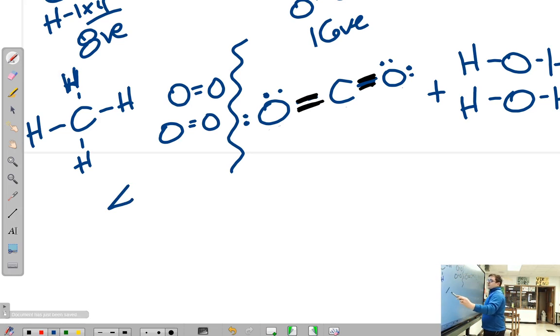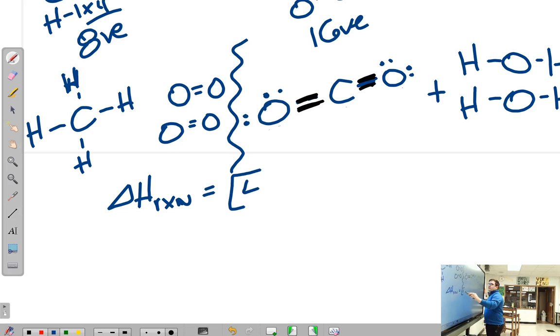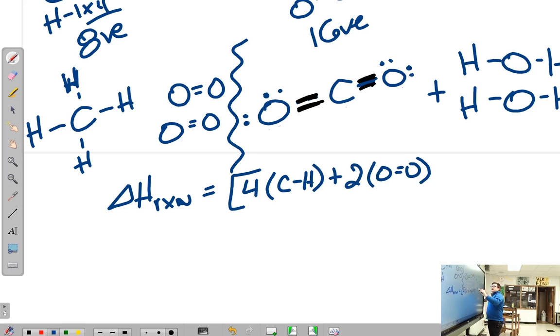So delta H for our reaction for this third one is, what bonds did we break? We broke 4 carbon-hydrogen bonds plus 2 oxygen double bonds. What do we form?